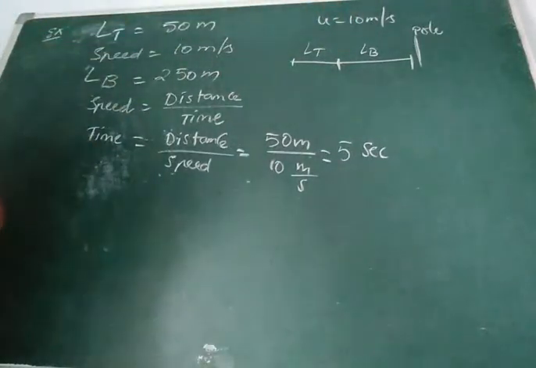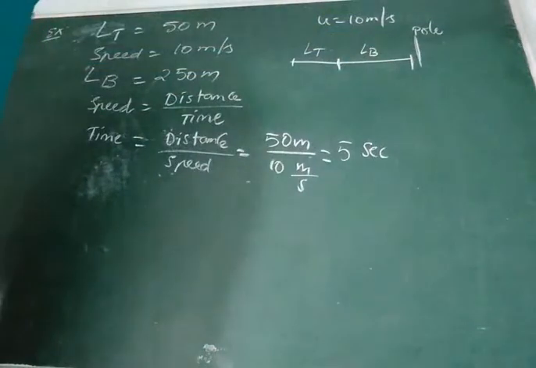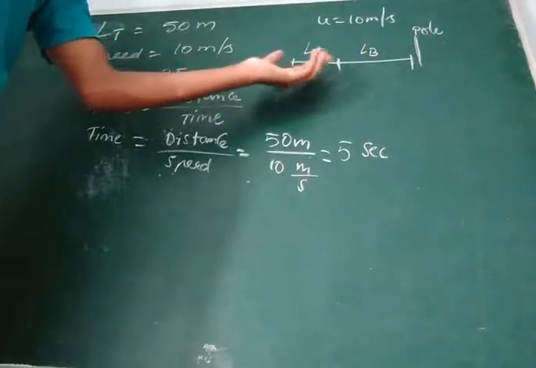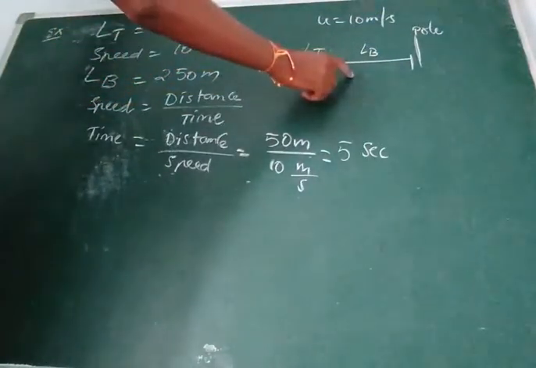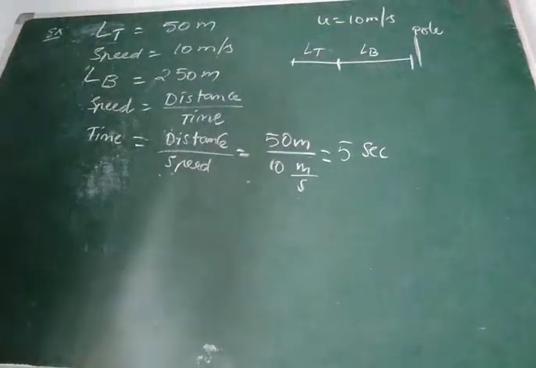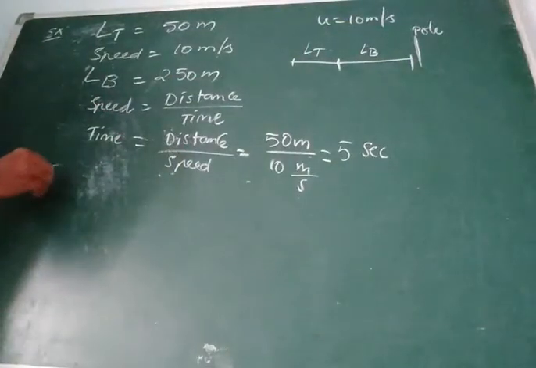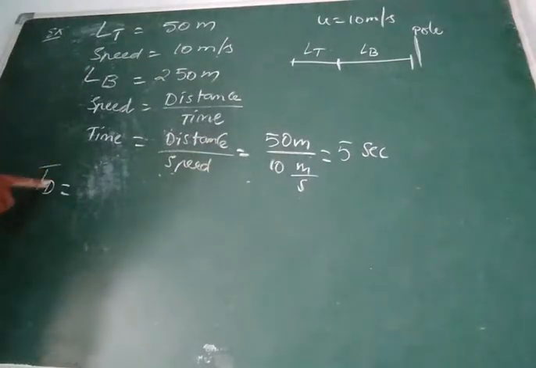So here the pole is at some particular position after the bridge. So the train should cross the bridge to cross the pole. So here the total distance we have to cover. Total distance, or length, both are the same.